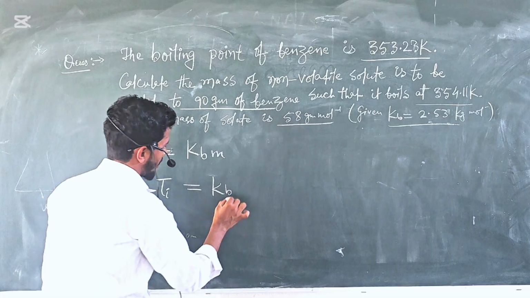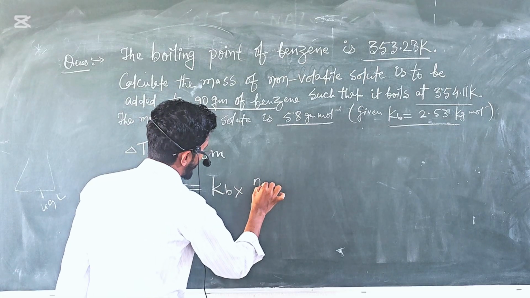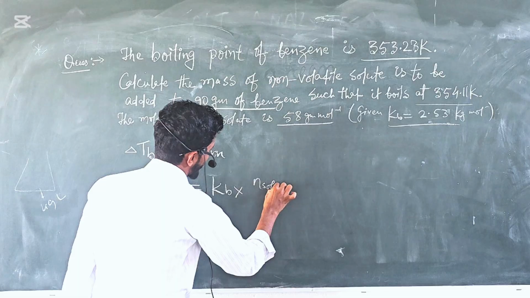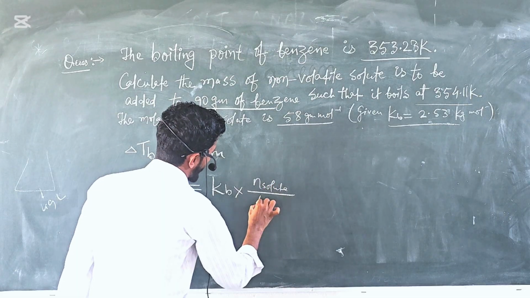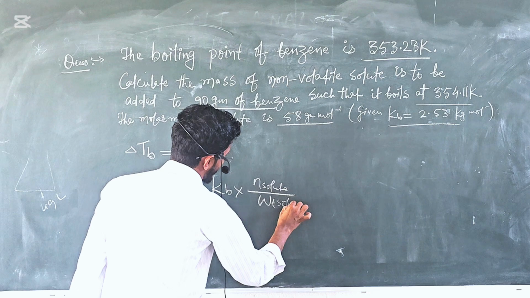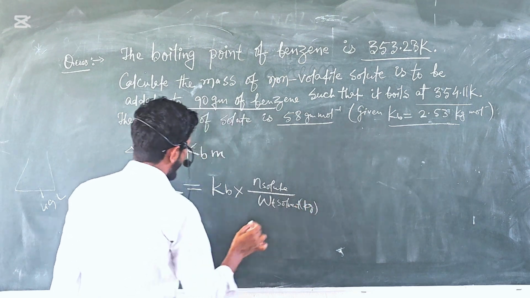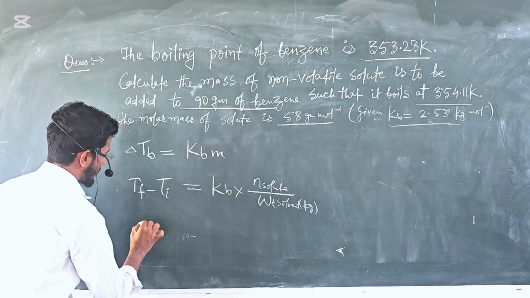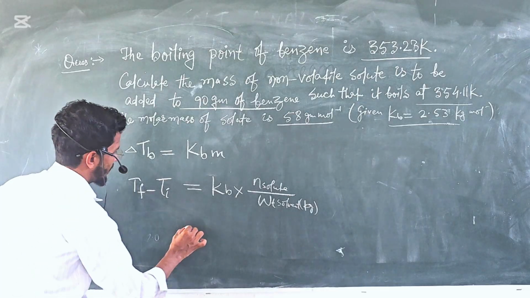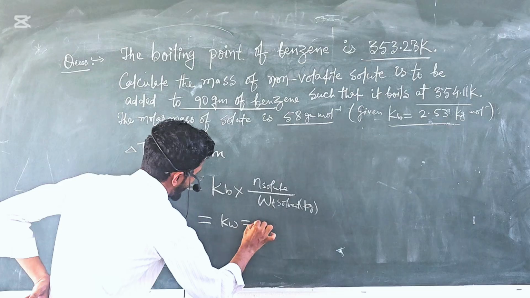How can we write the molality? Molality is equal to moles of solute upon weight of solvent in kg.